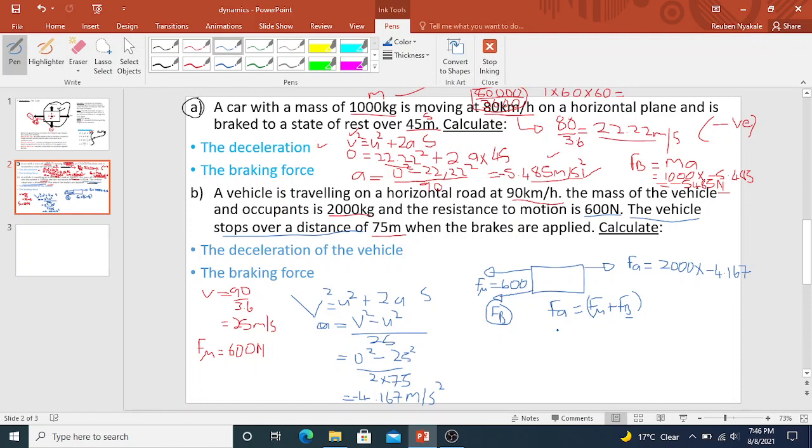It is 4,1167 multiplied by 2000. We are having 8,304 newtons. Remember, it's a gradually reduced force. It's a force applied but gradually being reduced.